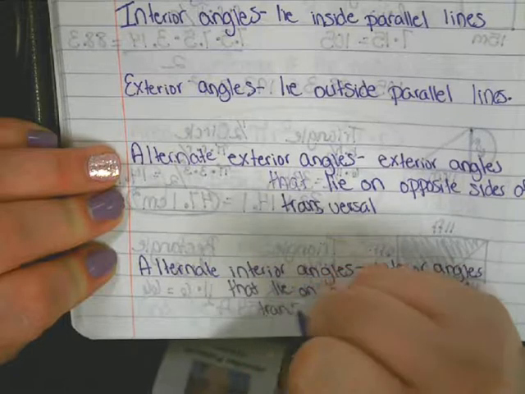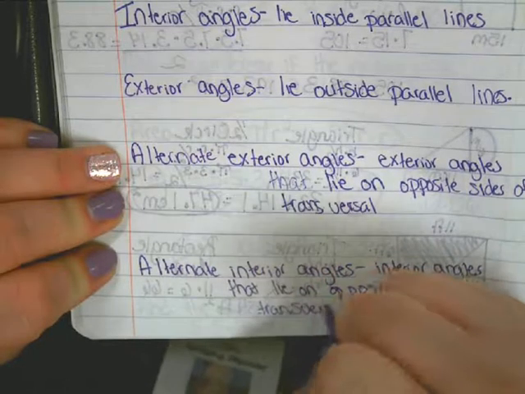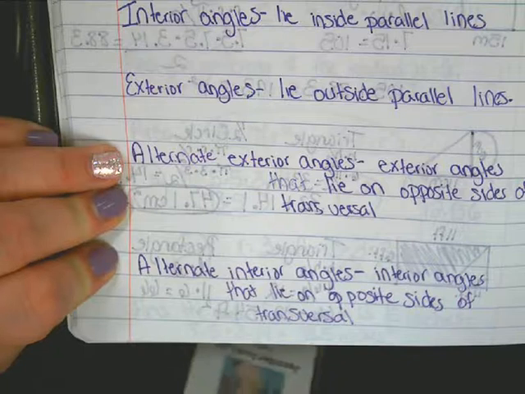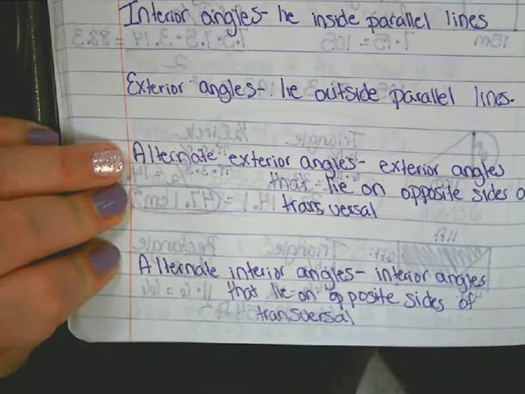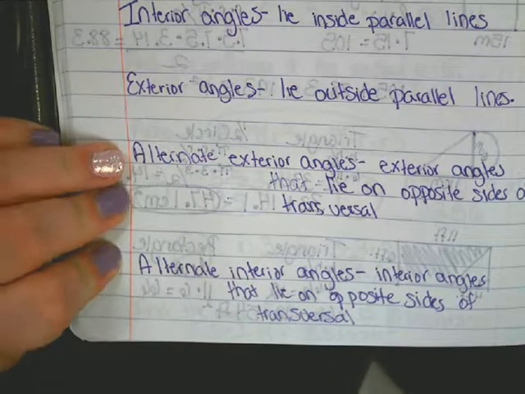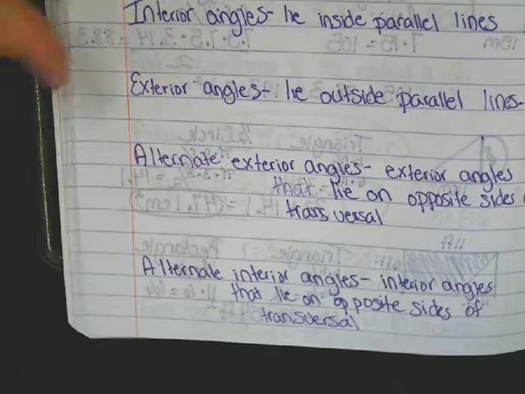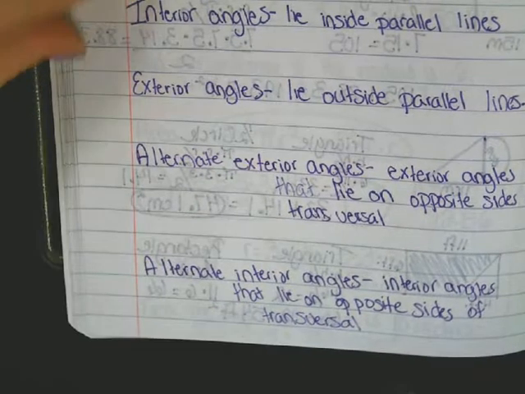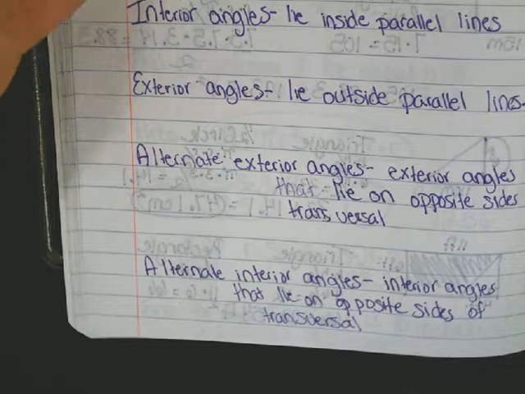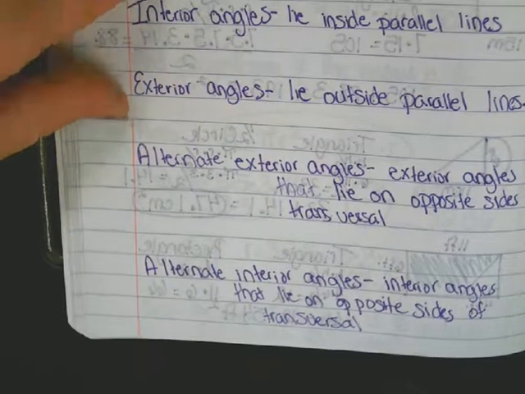So if you notice, all of these so far rely on your parallel and your transversal. Okay? Because interior and exterior, they lie inside or outside the parallel lines. Alternate exterior, alternate interior rely on that transversal.